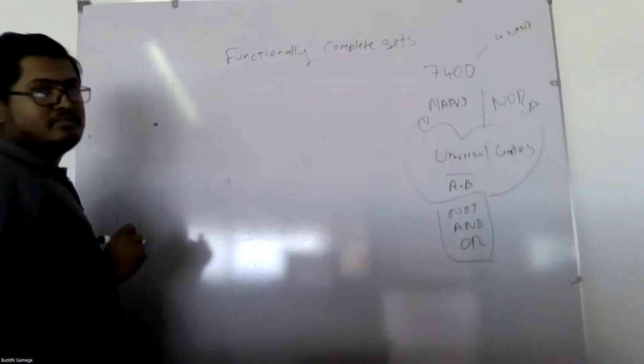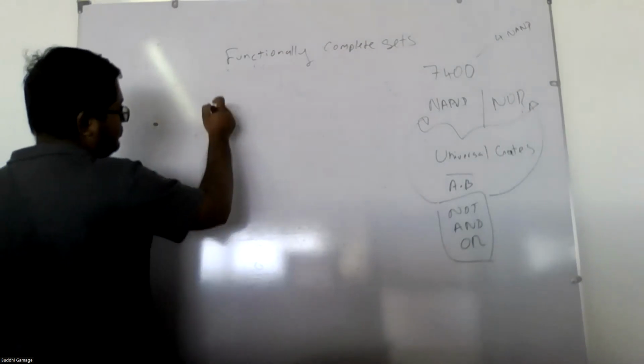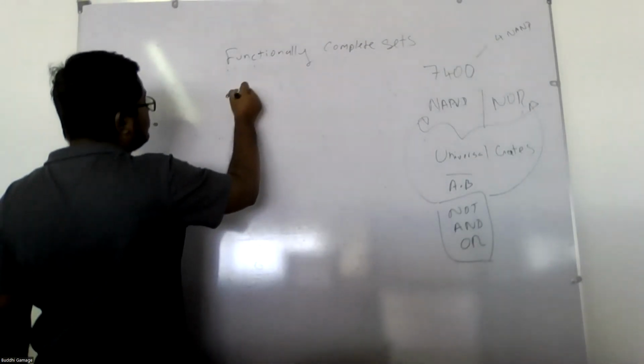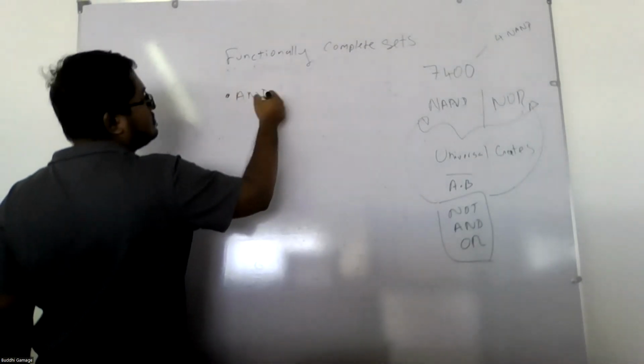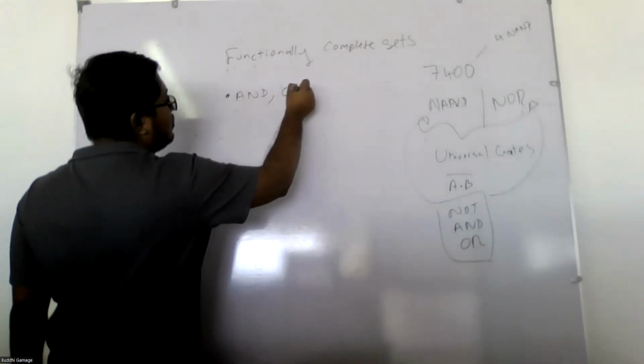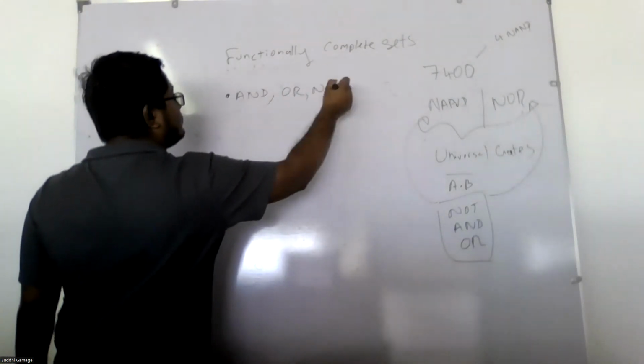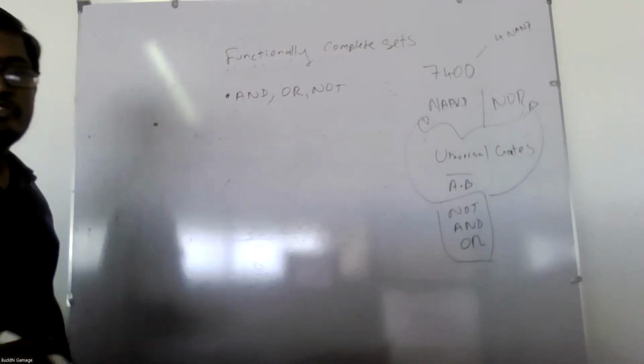Functionally complete sets: simply, we can say AND, OR, and NOT is one functionally complete set.